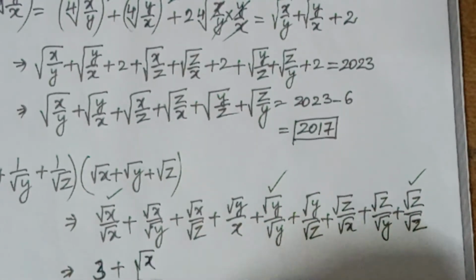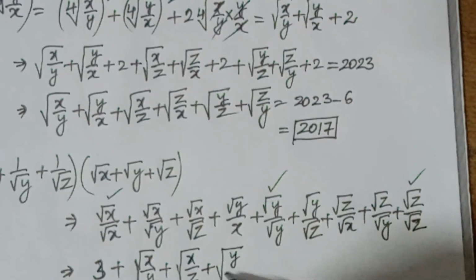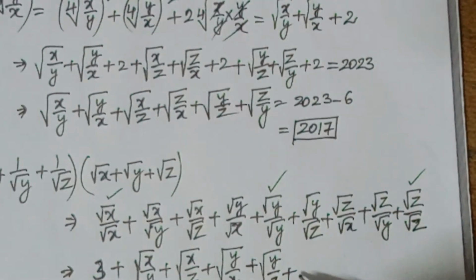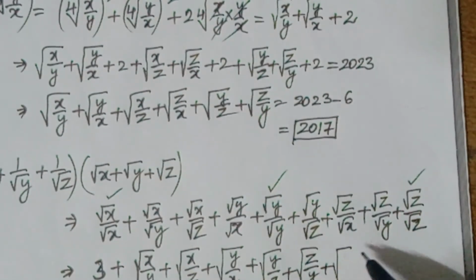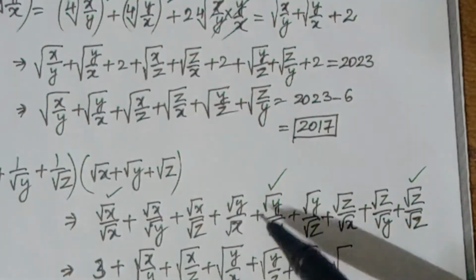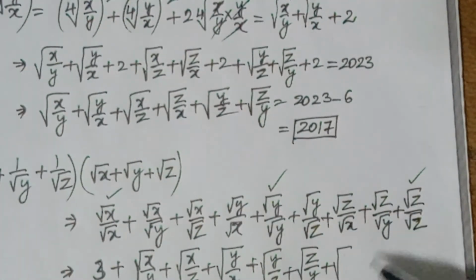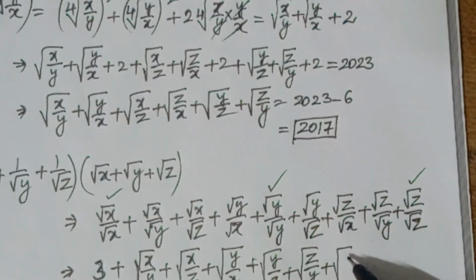So root of x by y plus root of x by z plus root of y by x plus root of y by z plus root of z by y plus root of z by x. In total you'll get 6 terms: x by y, x by z, y by x, y by z, z by y, z by x.